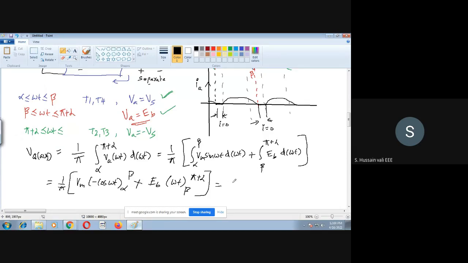So Vm by pi, or pi we can put later also because it's common to everyone.